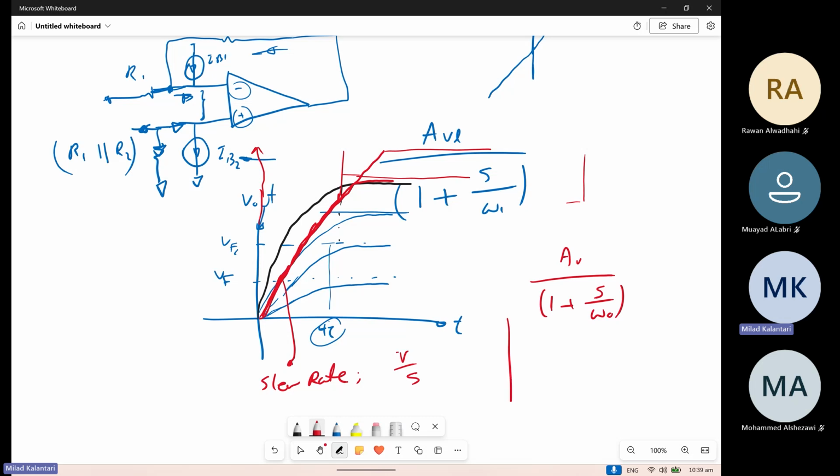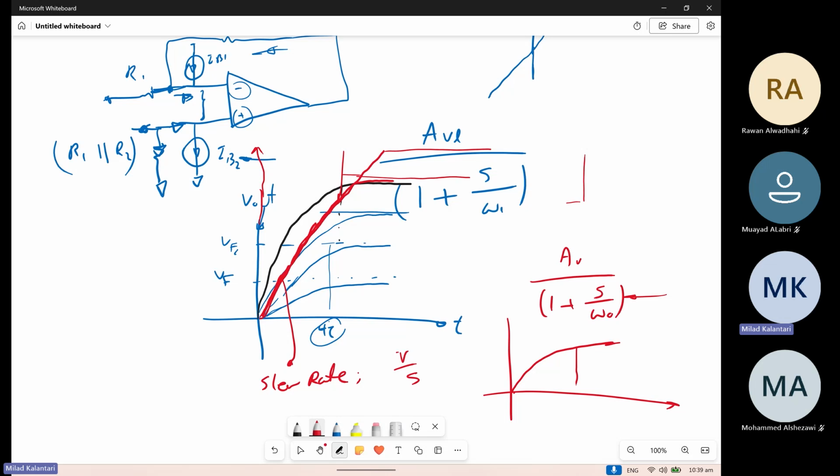The exponential always needs some time to settle down. It cannot be too sharp. On top of this, there is another limit that doesn't allow the rate of output change to be larger than a certain value.